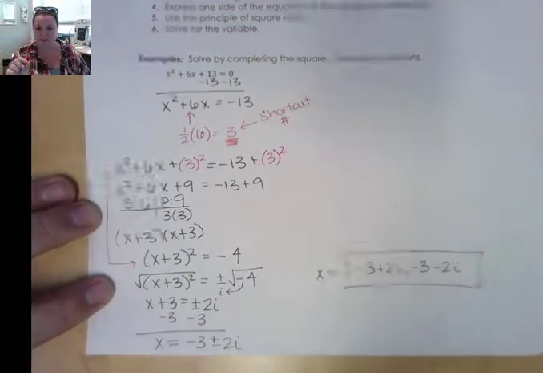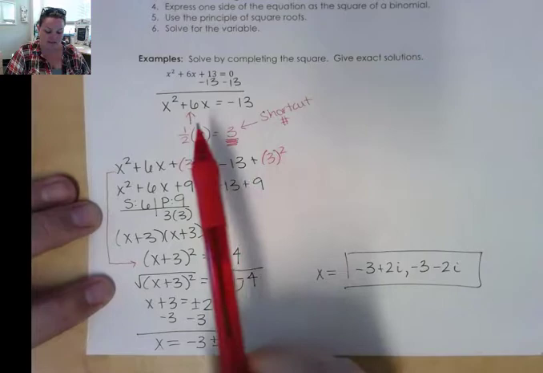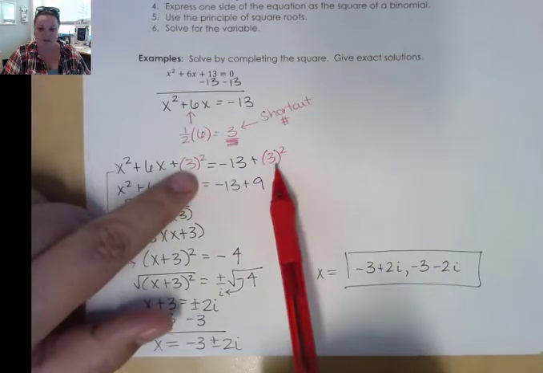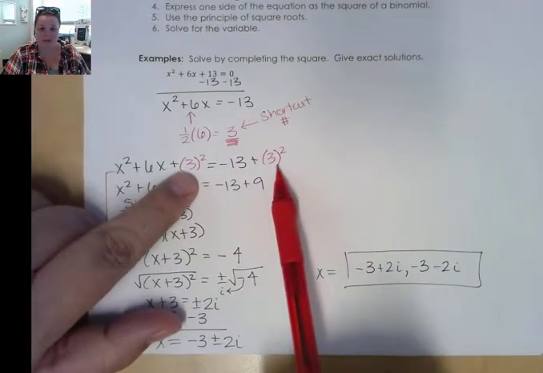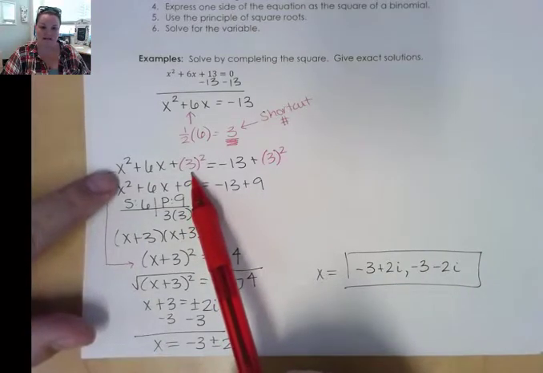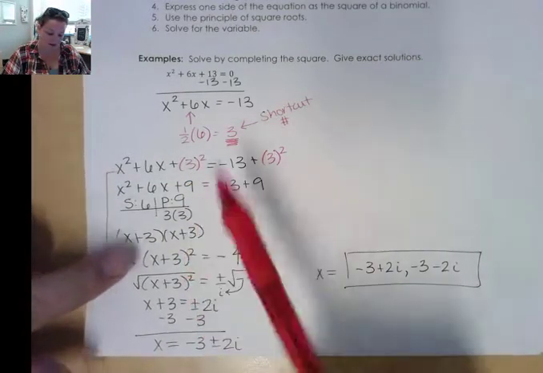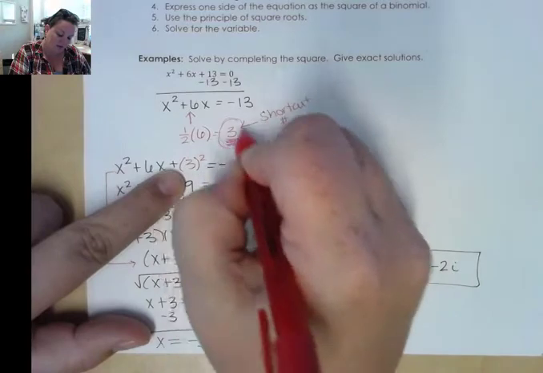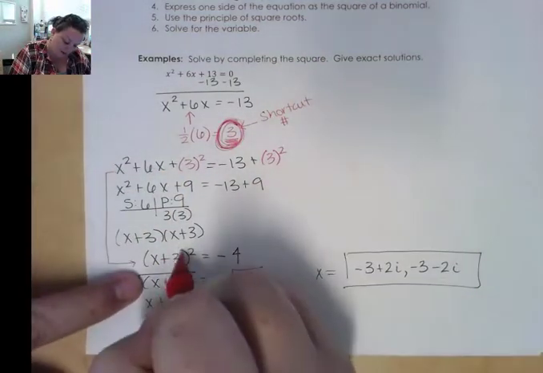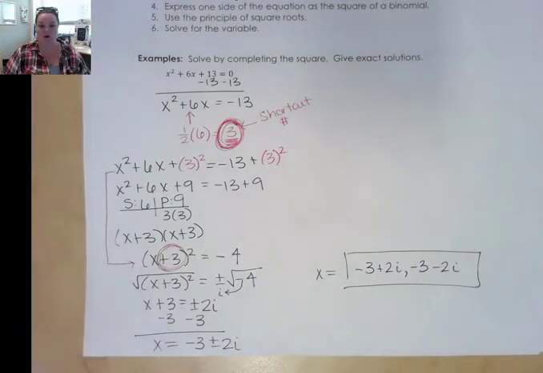So what the shortcut method is that when we take half the middle term and we get 3, we do need to take that 3 and square it and add it to both sides, for sure. Do not forget that. But the cool thing is this left-hand side, instead of doing the whole sum product thing, whatever we get as this shortcut number right here, that will always end up being the number inside our squared quantity.